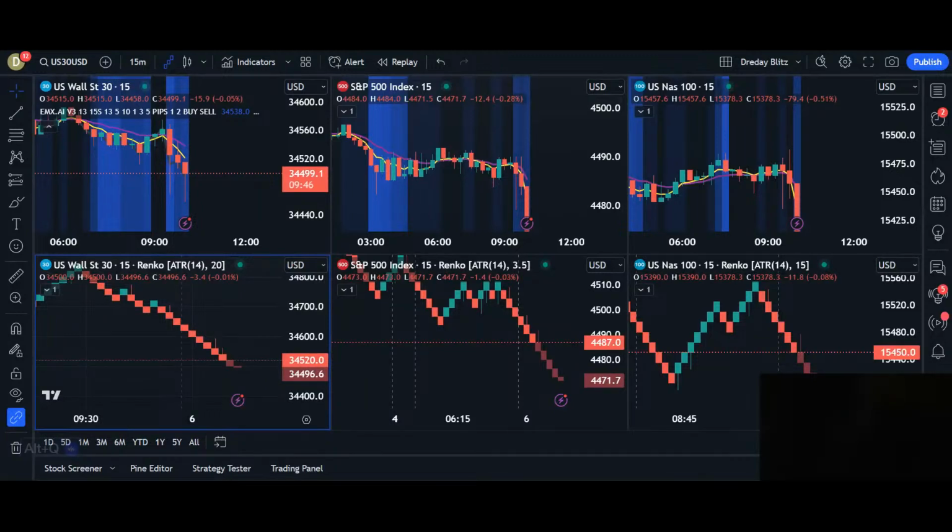We had two signals at the start of the market open session around 9:34, 9:35 on the downside. So we're still looking for bearish movement based on the Renkos. If you took the trade when you saw the signals here, you should be in profit. But like I said, if you have any questions, just put it in the chat.